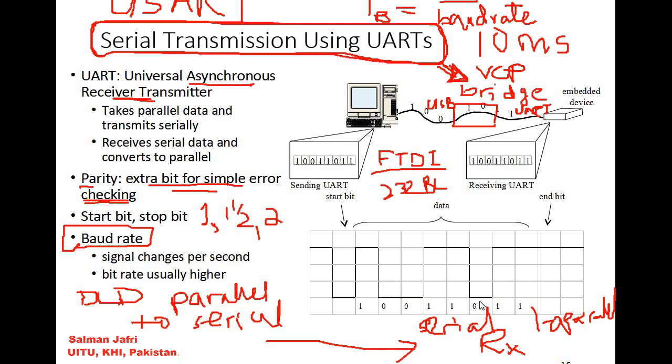There can also be parity bits, which are used basically for error checking, right? And the start bit can be one single bit time, it can be 1.5 bit time, or it can be 2 bits time.